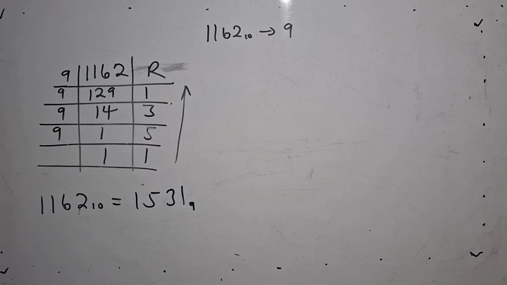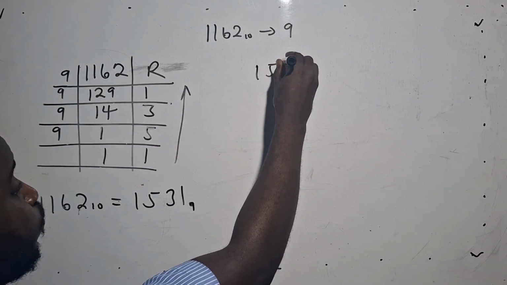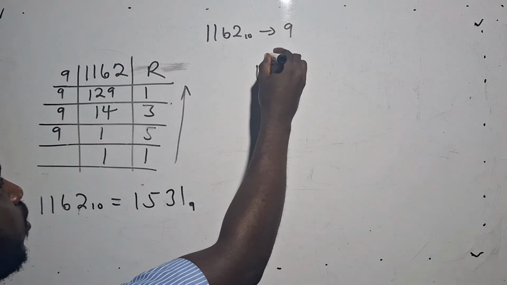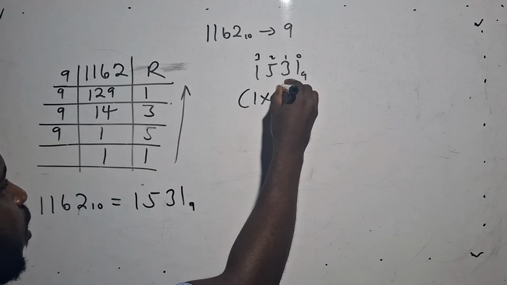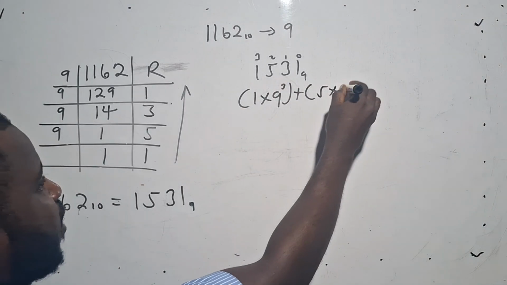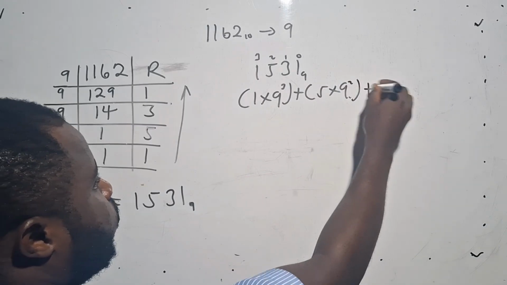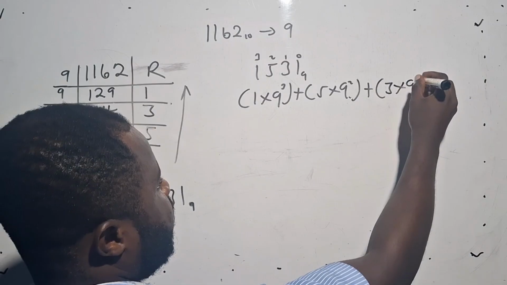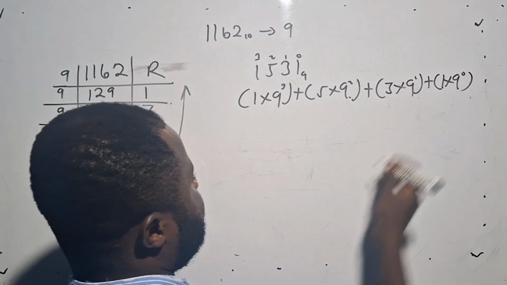Now let's see if our answer is correct. I'm going to convert this one to base 10. So if I have 1531 base 9, awarding the powers 0, 1, 2, 3, I have 1 times 9 power 3 plus 5 times 9 power 2 plus 3 times 9 power 1 plus 1 times 9 power 0.